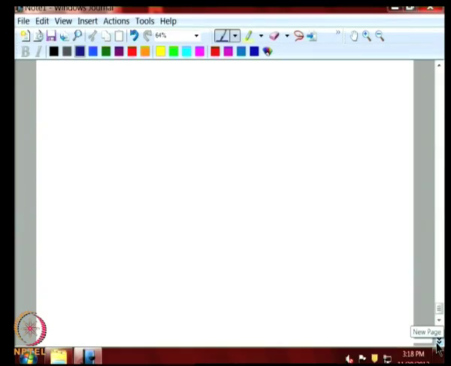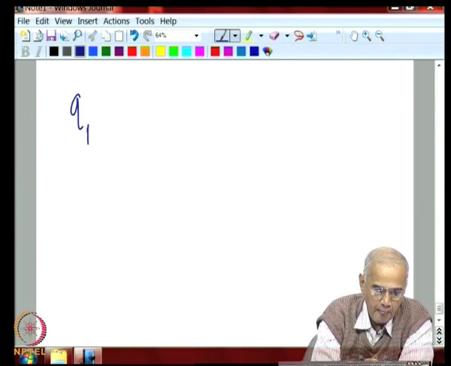And you will see that in addition to the simple expression we had earlier, we will now have a much more complicated expression which relates q R lambda.